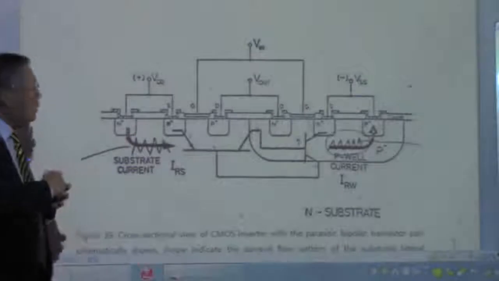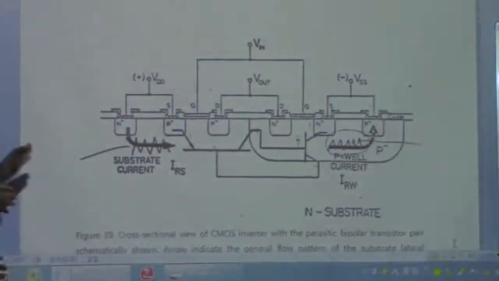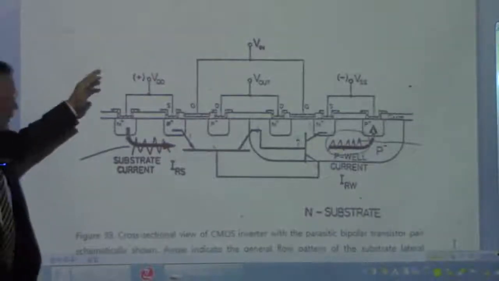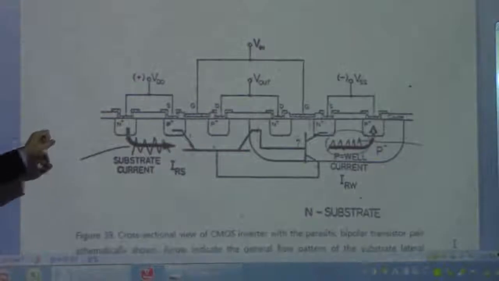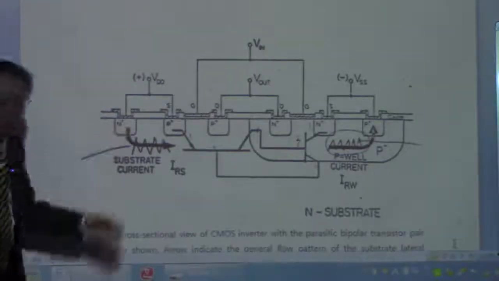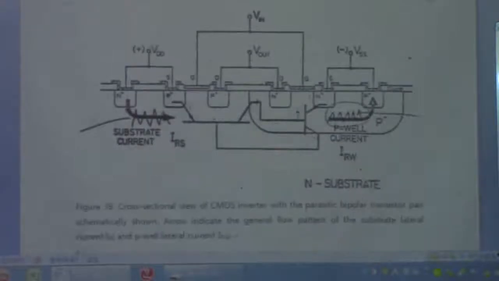So miniaturization basically is not good for preventing latch up, or rather it enhances the chance of having a latch up in the CMOS structures.